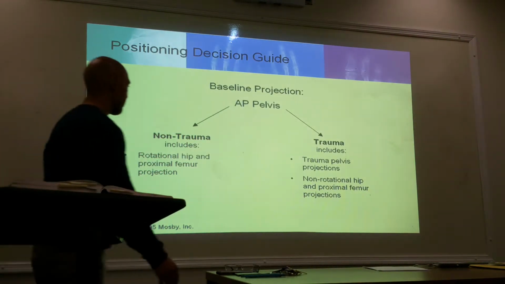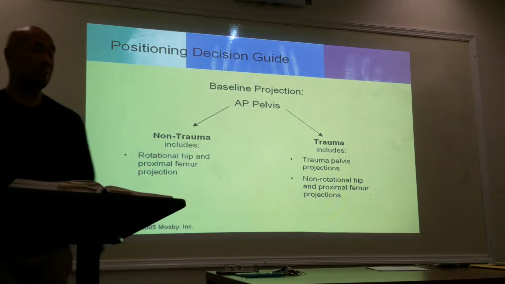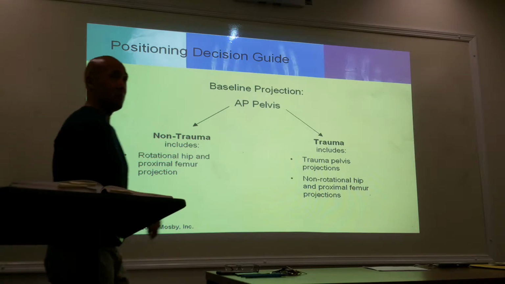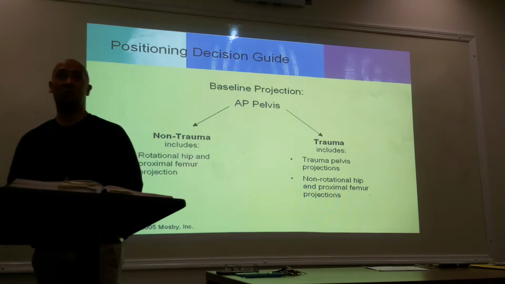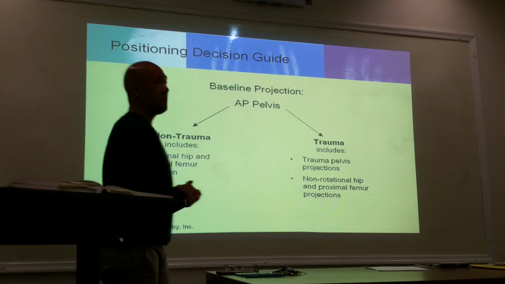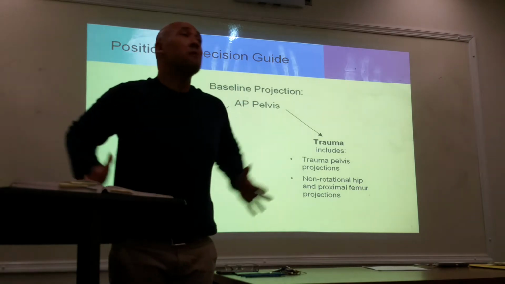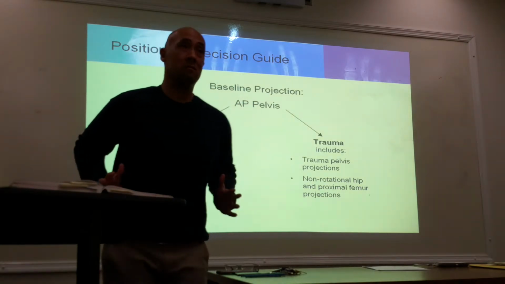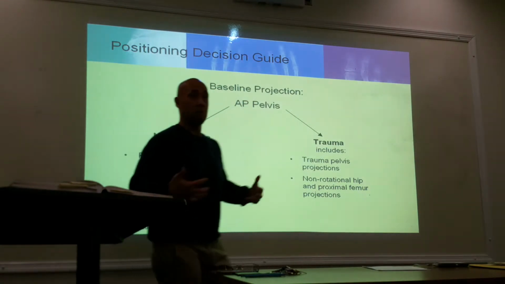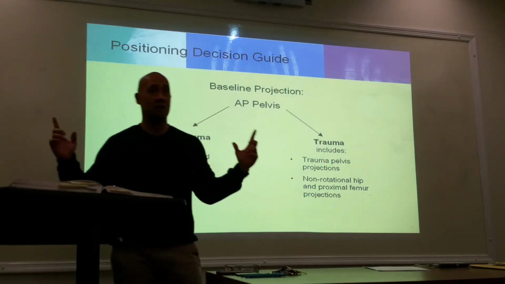All right. Here is an algorithm to follow when you have a patient that shows up from the emergency room or as an outpatient. The basic views when doing a hip study is one pelvic shot. We're going to include the hip bones from the top of the crest all the way down to the symphysis pubis, so one pelvic shot.